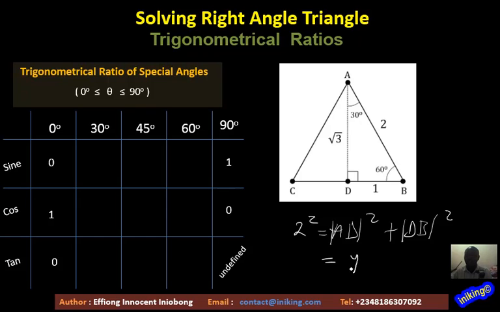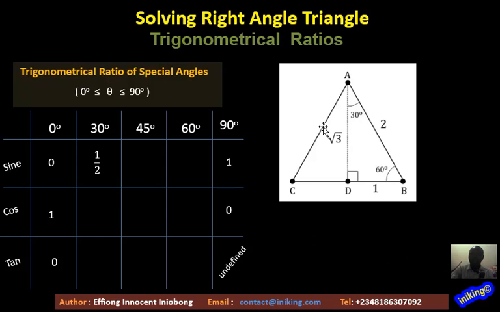AD, that's Y, the unknown side, plus DB, which is 1 squared, and then this is 4. So we have 4 minus 1 equals Y squared, which gives us 3 equals Y squared. Taking the square root of both sides, we have Y equals root of 3. And that's how we came about the value of AD there as root of 3.